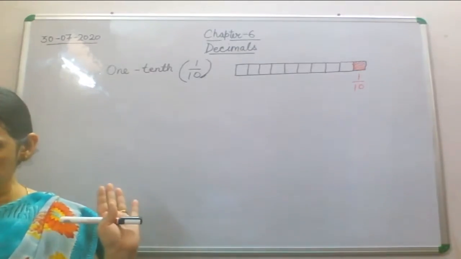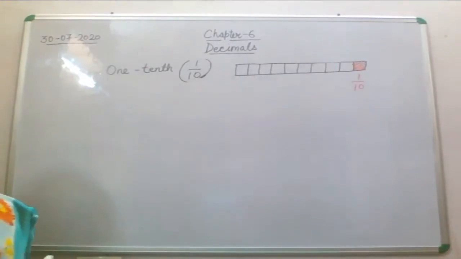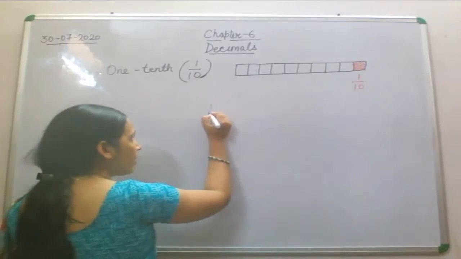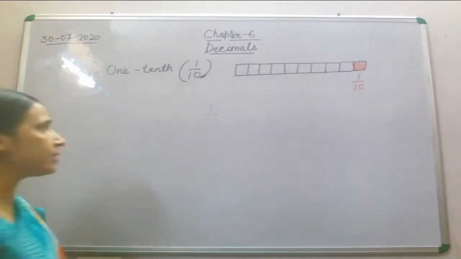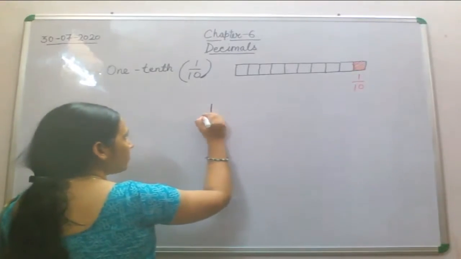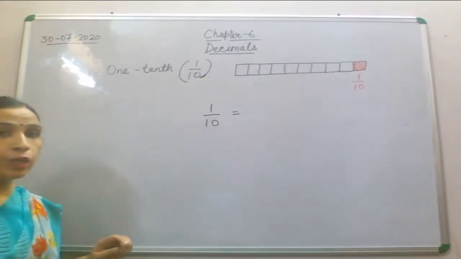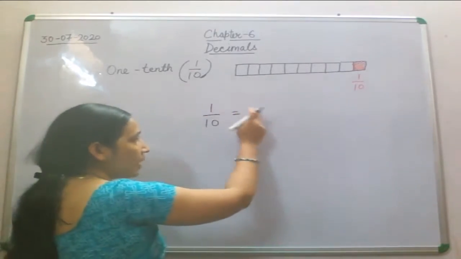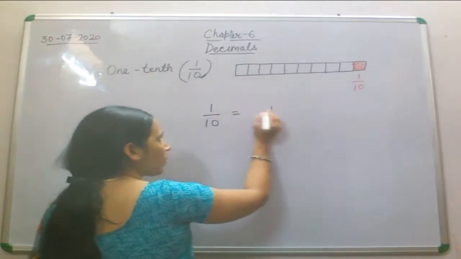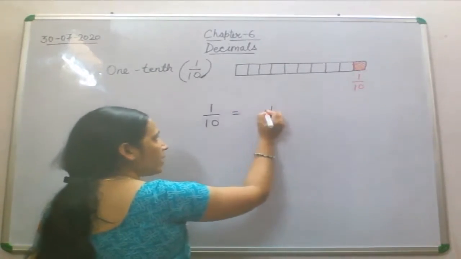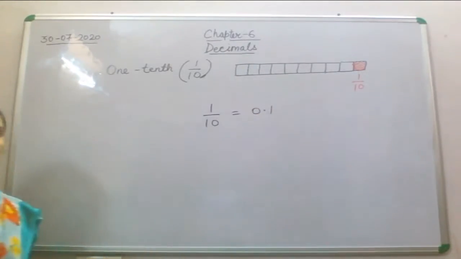Now how do we write 1/10 in decimal? Let's find out. We have 1 0 here. So we count 1 place from the back and then put the decimal point, and here we write 0, giving 0.1.